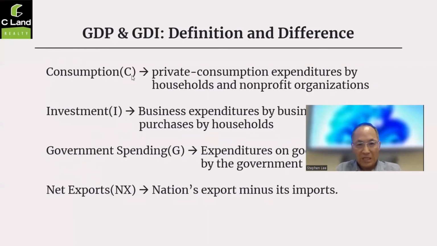Okay, consumption means private consumption expenditures by household and nonprofit organizations. So every household, we're going to spend money. So we're going to add up. And also nonprofit organizations, they're going to spend money, we're going to add up also.